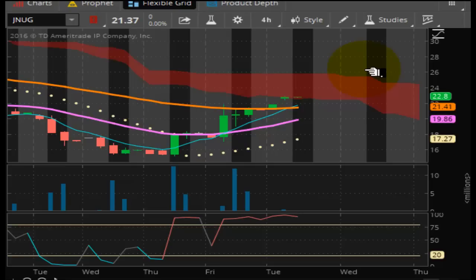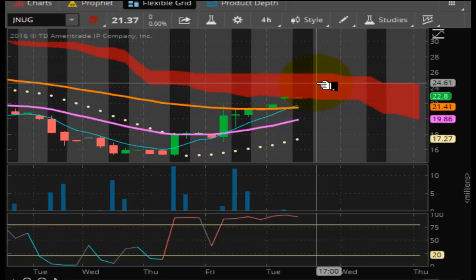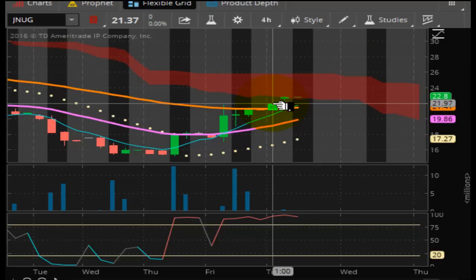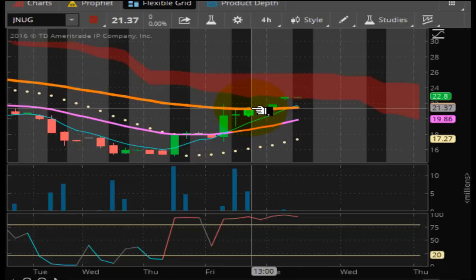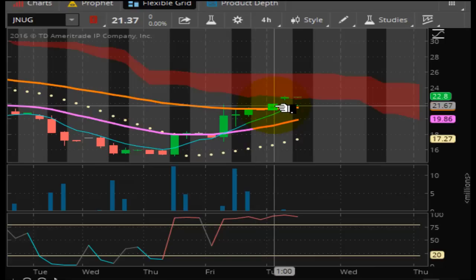Okay, in this tutorial, we're going to talk about how to trade the gaps. In this example, you can see JNUG has gapped up pretty much from last week, and because yesterday, Monday, was a holiday, you can see what has transpired.